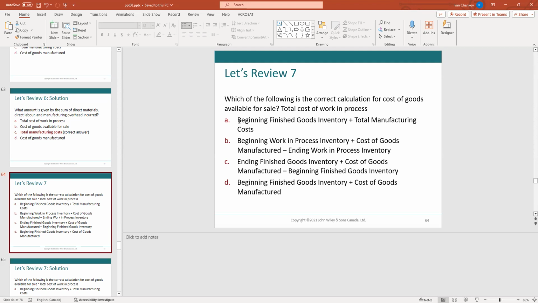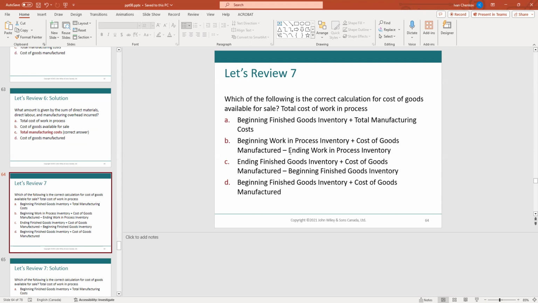What are we chasing? Total cost of goods available for sale. On which account are we going to get cost of goods available for sale? In the work in process account or in the finished goods account? Finished goods. So work in process is not our account, so we can eliminate this one.